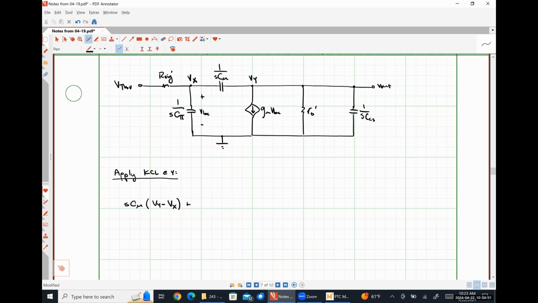Now I have my current flowing down through the dependent source. So that's going to be GM VBE. But what's VBE now? It's Vx. Plus Vy over R naught prime plus SCCS times Vy is equal to 0.